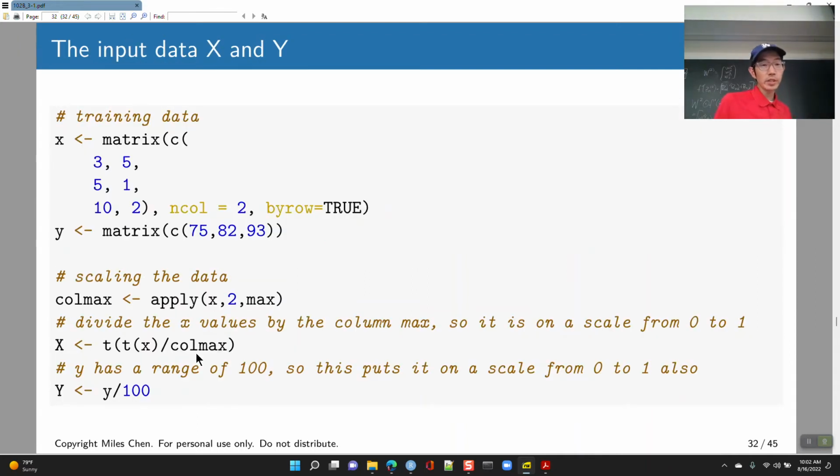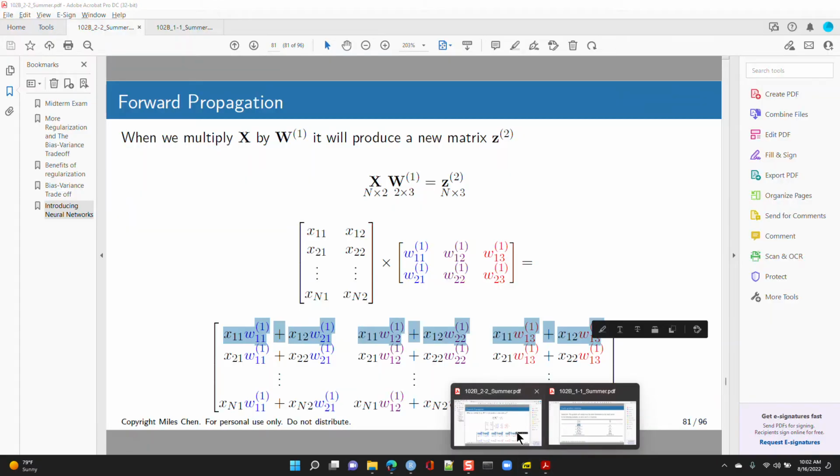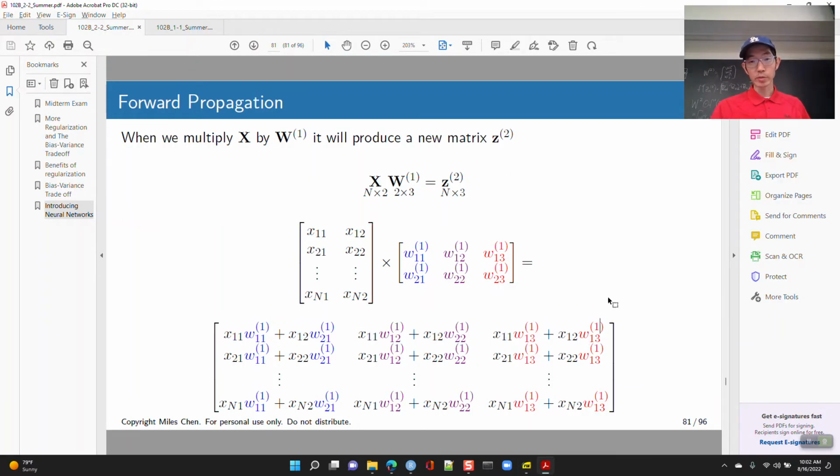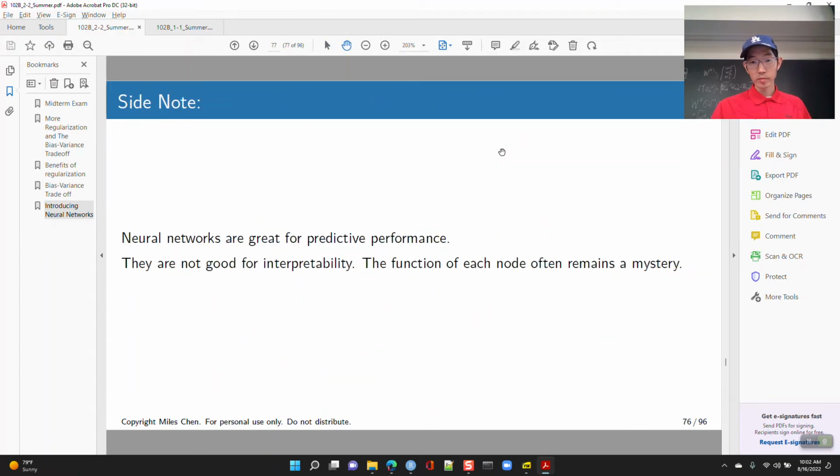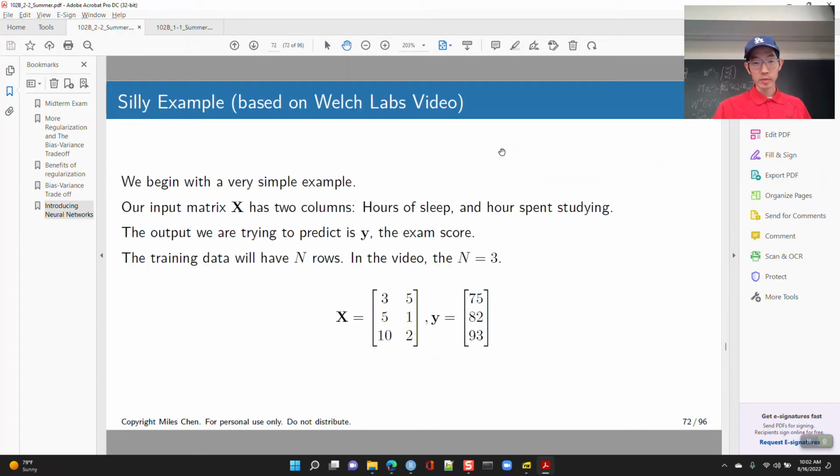Let's bring in our data, our X matrix, the original data set that we started playing around with. We've got our X matrix and our Y, and we have 3 observations, n rows.